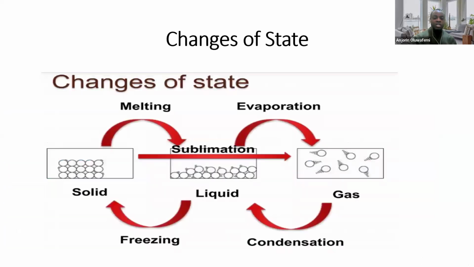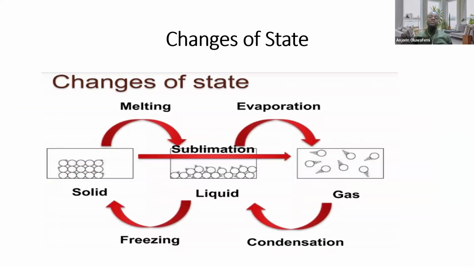Look at the changes of states. There are different changes of state that we notice. A change of state is basically a transition from one state of matter to another state of matter.